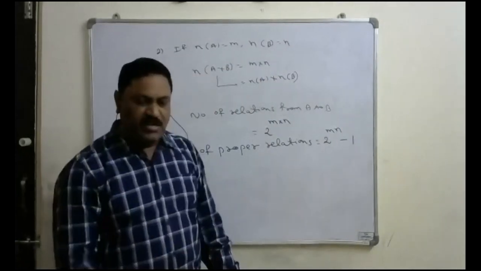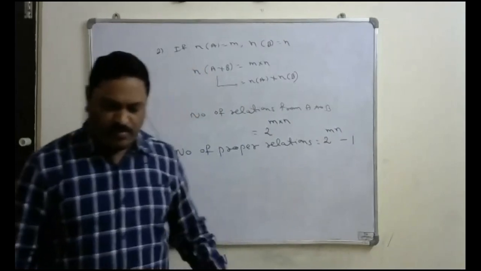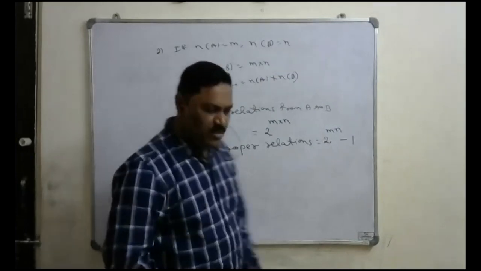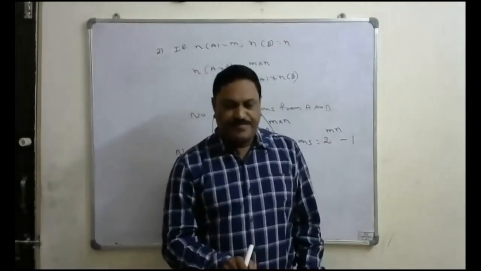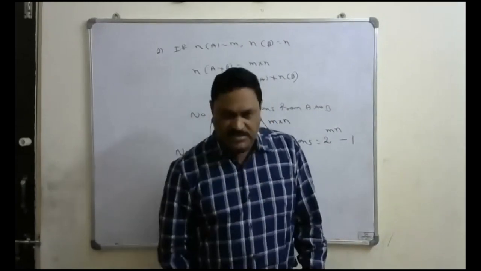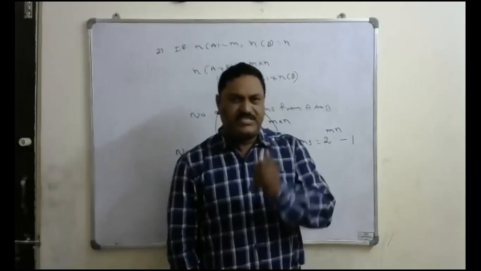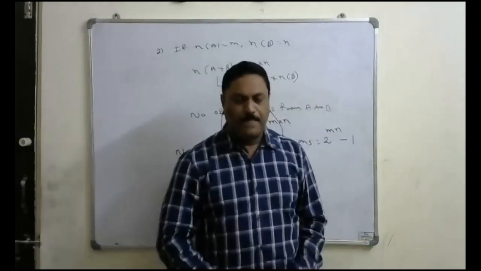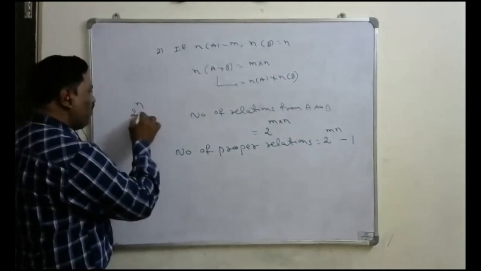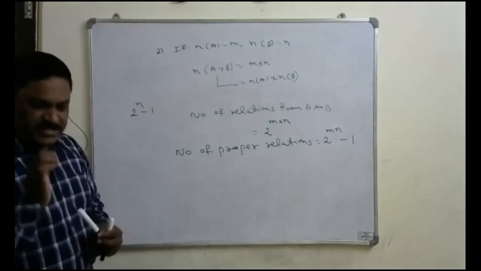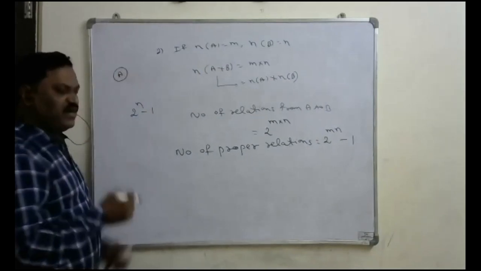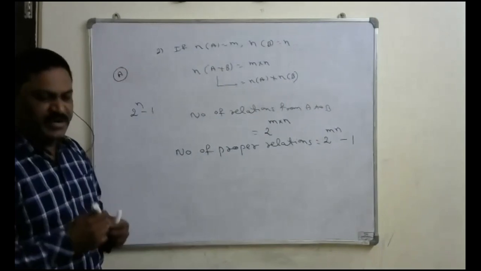In sets we have also seen this; I think we gave one problem in the examination too. The number of proper subsets of a given set: if n(A) has n elements, the number of proper subsets is 2 power n minus 1. For every set, the given set itself is also a subset.